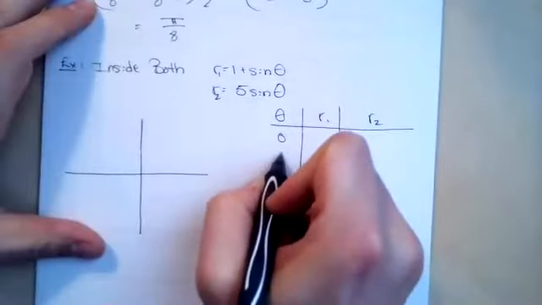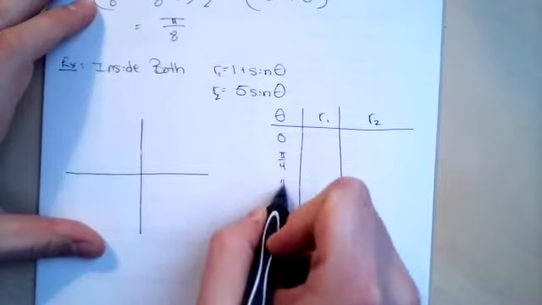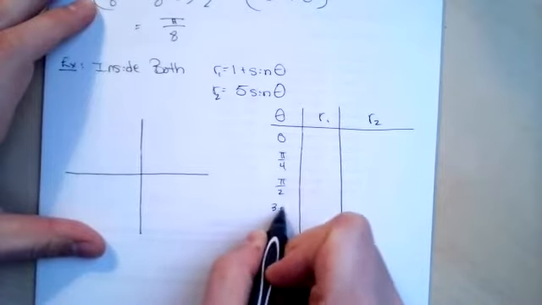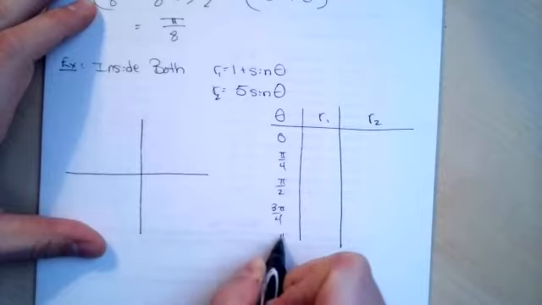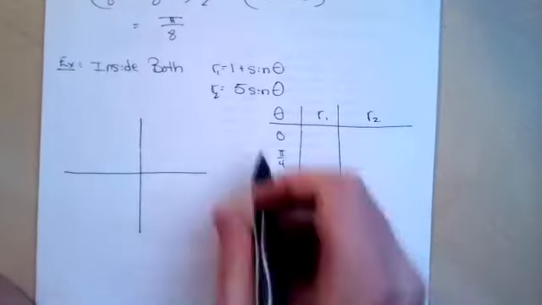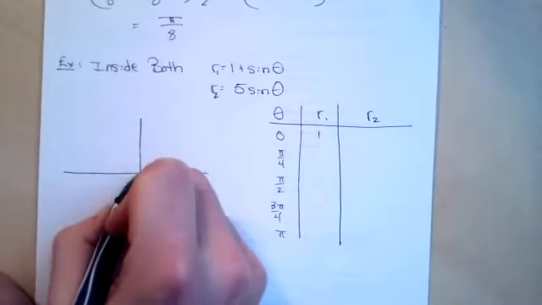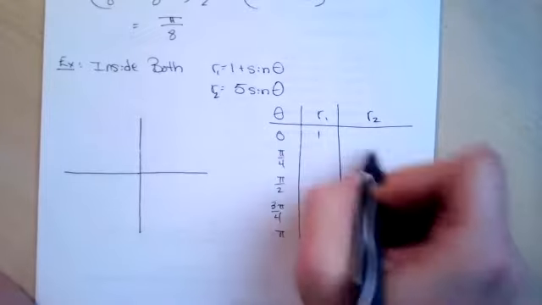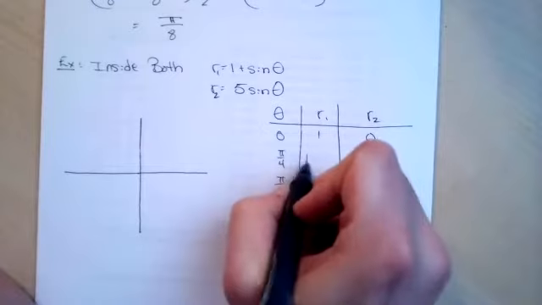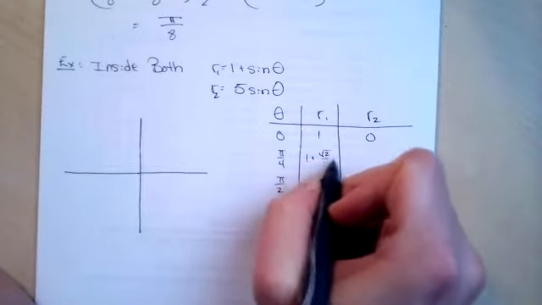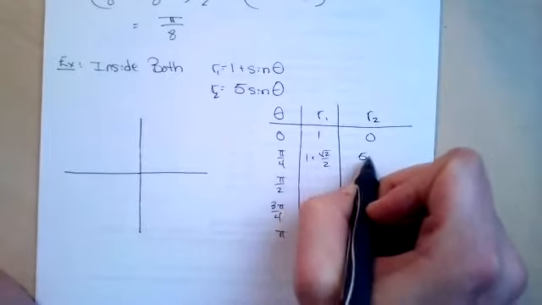So 0, pi over 4, pi over 2, 3 pi over 4, pi. At 0, we got 1, and here we got 0. At pi over 4, 1 plus root 2 over 2, and then 5 root 2 over 2.